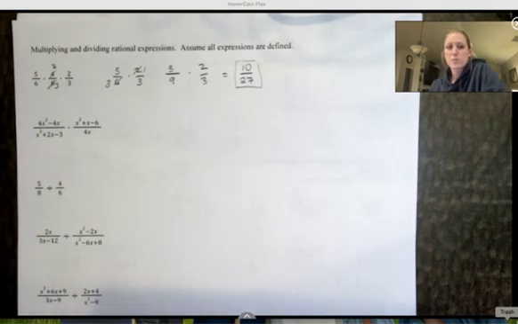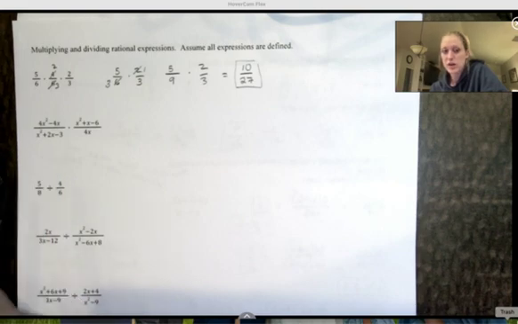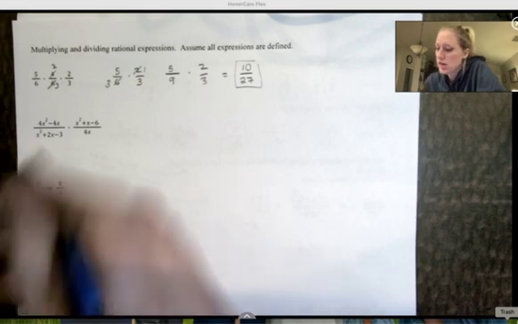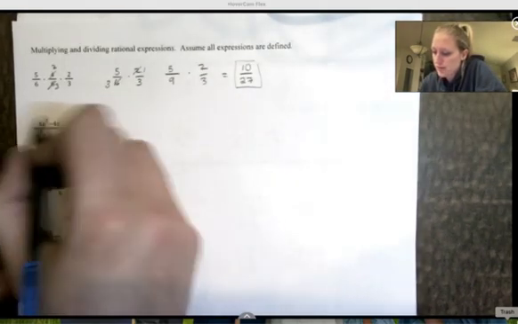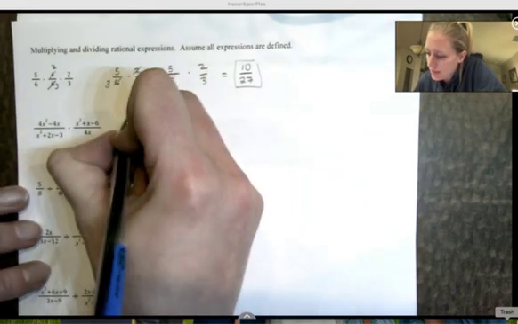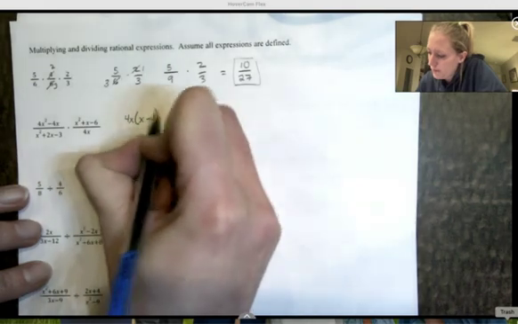Okay. So when we multiply with rational expressions, okay, we are going to, again, factor and cancel common factors. Okay, so right now, I'm going to factor this expression. So I've got a GCF of 4x. So I'm taking out the 4x. I'm left with x minus 1.